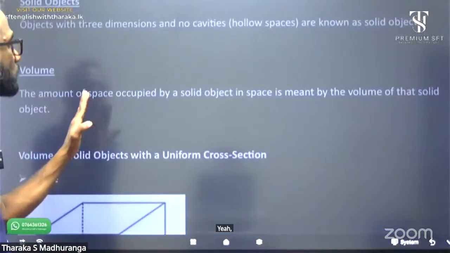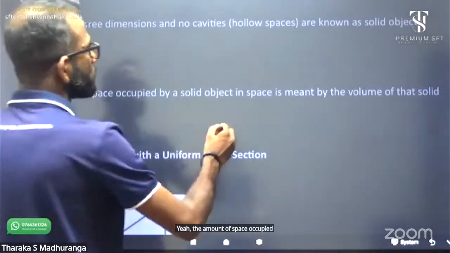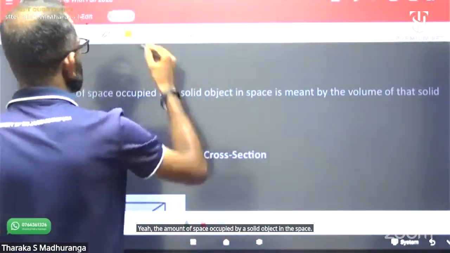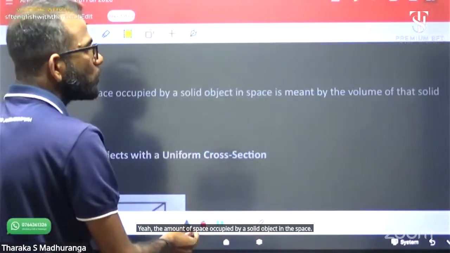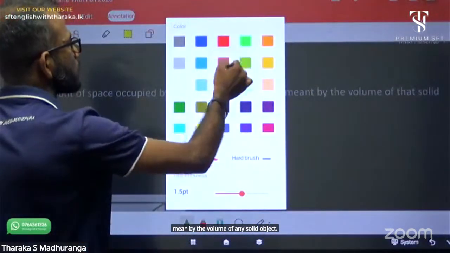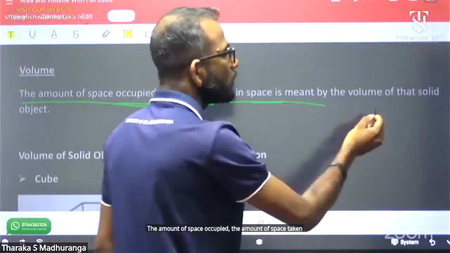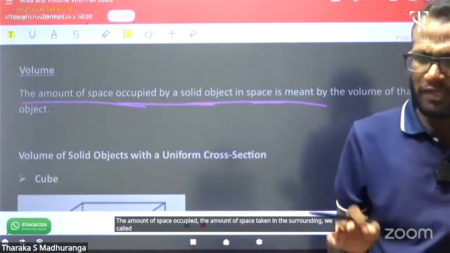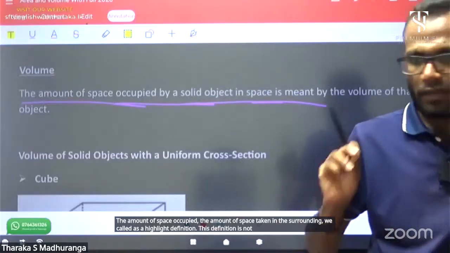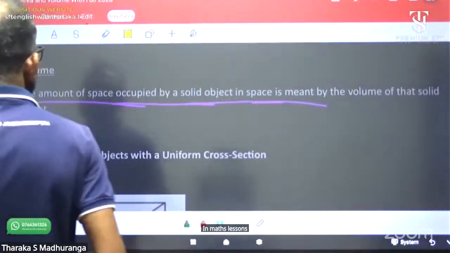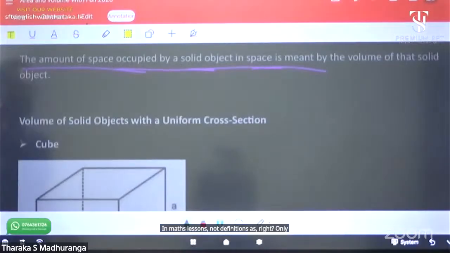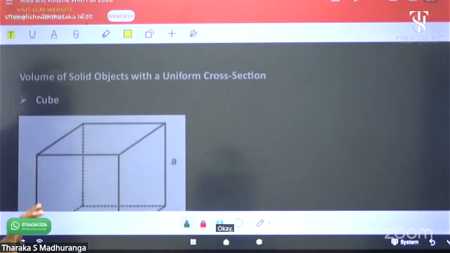The amount of space occupied by a solid object in space is the volume of that solid object. Highlight the definition. These definitions are not asked. In maths lessons, definitions are not asked, right? Only calculations.